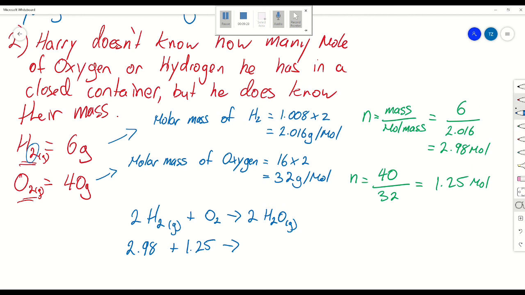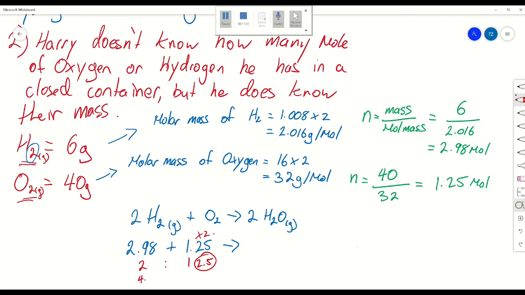So in this case, I need 2 of these to 1 of these, which means I have to double the amount of that one. If I times that by 2, it tells me that I have less than double, because double that one actually gives me 2.5. That has 2.98.